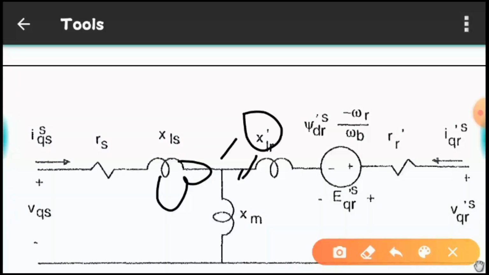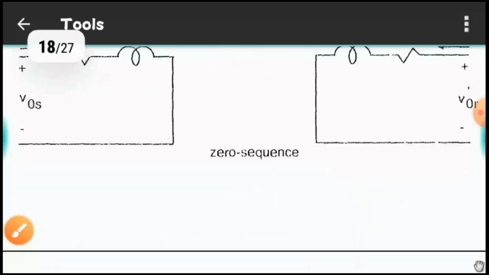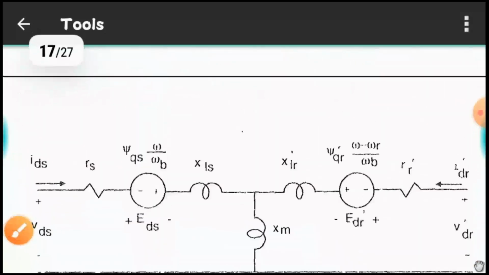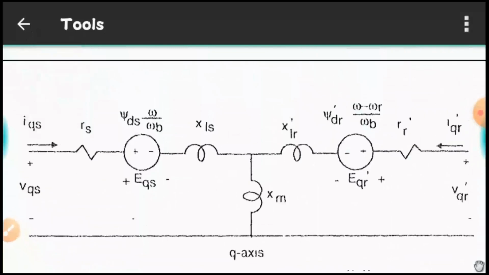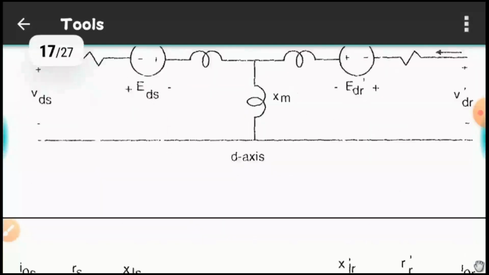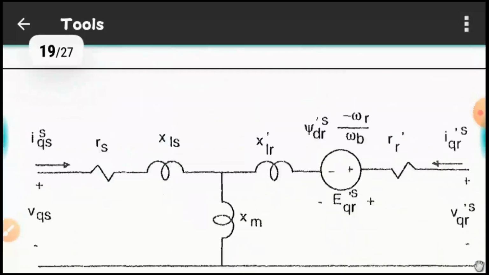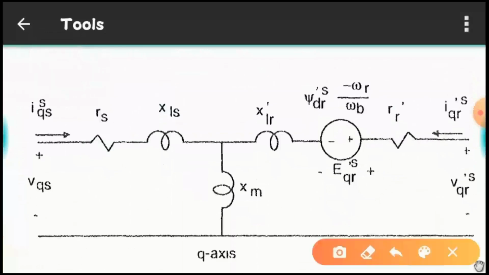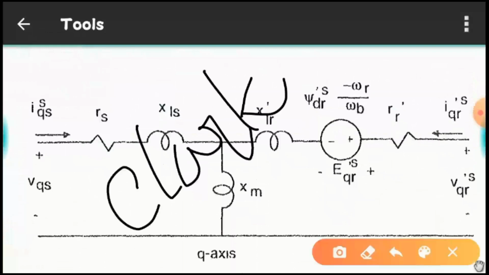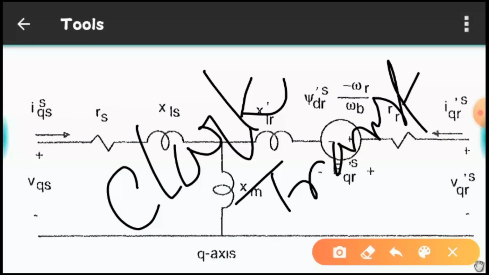If we make omega equal to 0, then if your reference frame is attached with your stator axis, basically you are getting here, you can note, a Clarke model, or a very simplified representation of Clarke transformation, the Clarke transformation model of your induction machine.